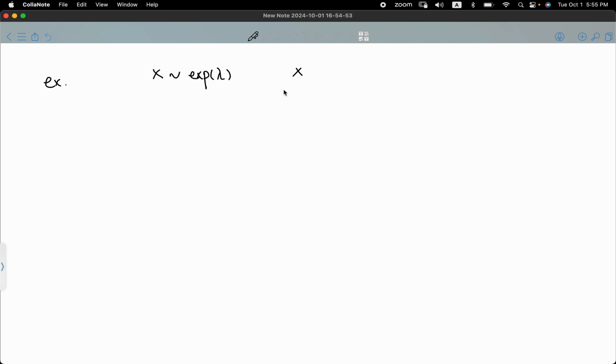What is the support for x, for x following an exponential distribution? Yeah. Any constraint on the parameter lambda?